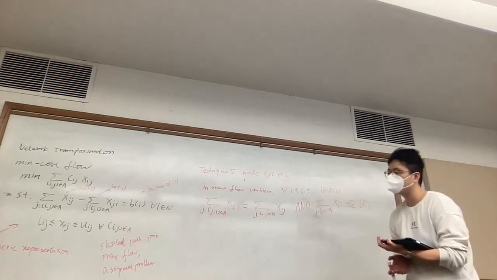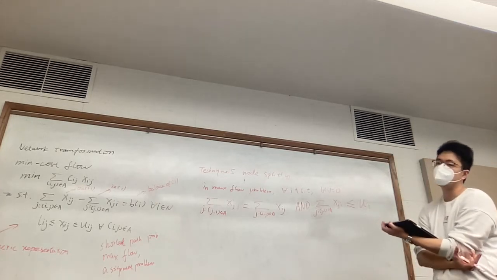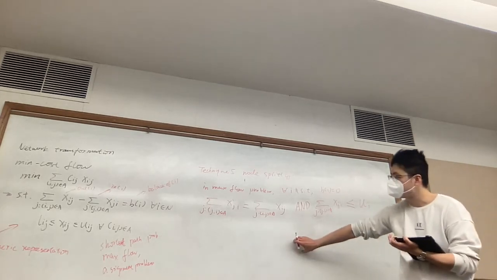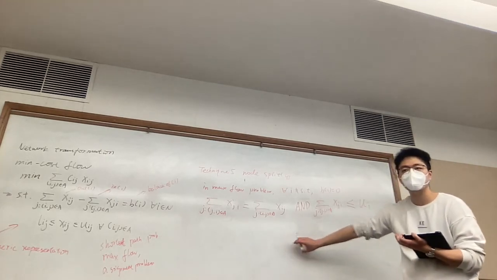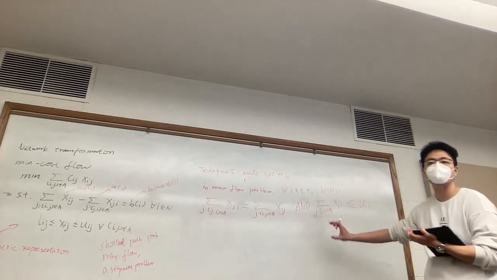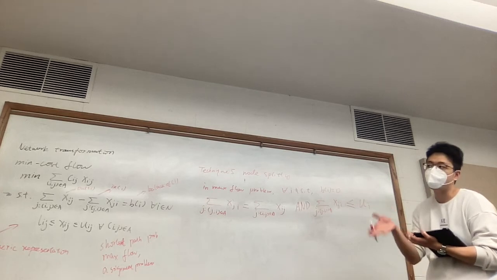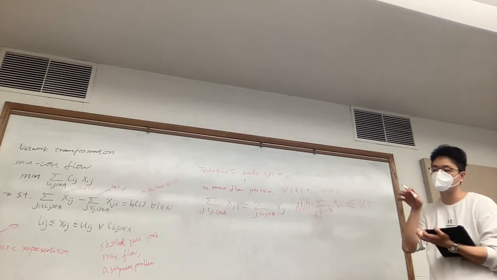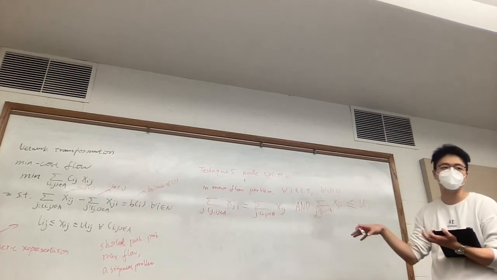Remember, what does a max flow problem mean in real life? The source is like some manufacturer, and the sink is like some retailer, and the transshipment nodes mean that you may have some warehouses between the manufacturer and the retailer, right?